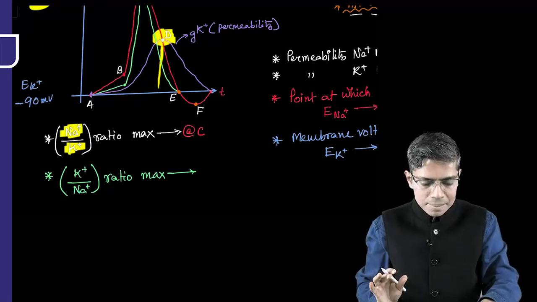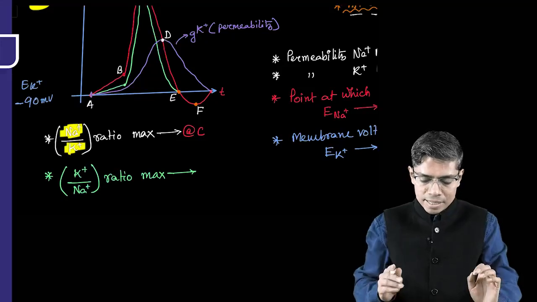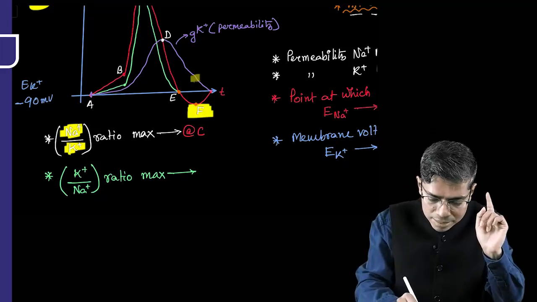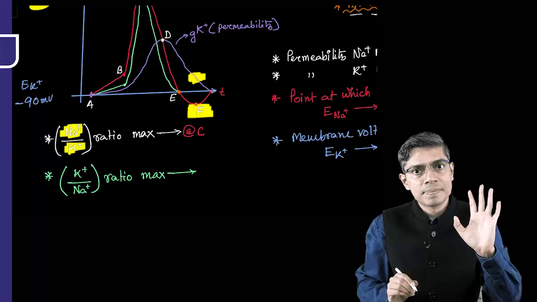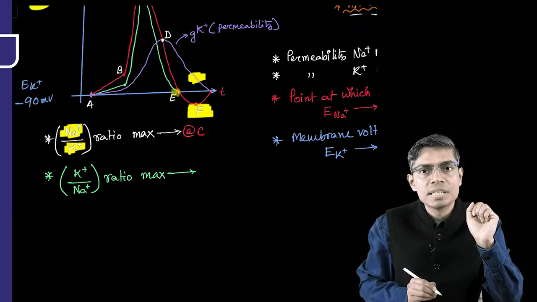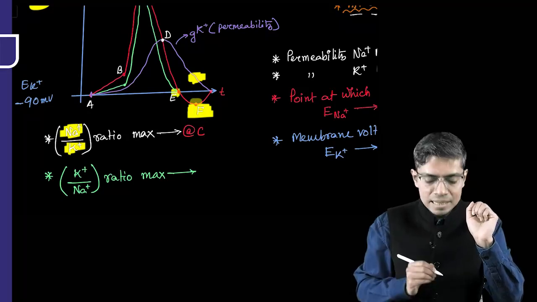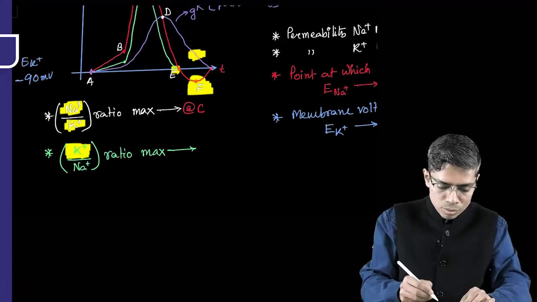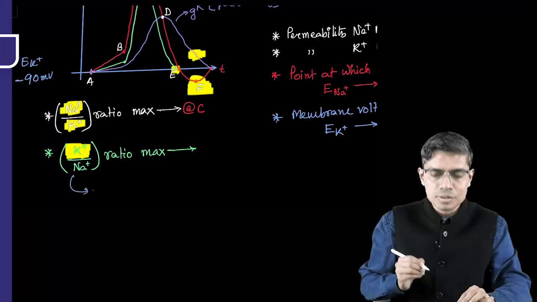But if I look at the after hyperpolarization point, for example point number F, potassium is permeable, but what about sodium permeability? Sodium permeability is already 0 here. So at point number F, potassium permeability is present but sodium permeability is 0.